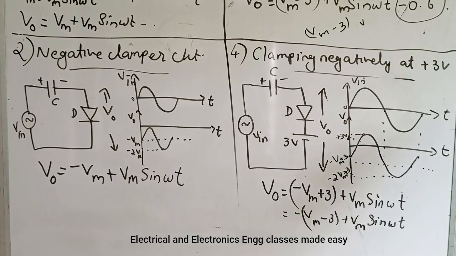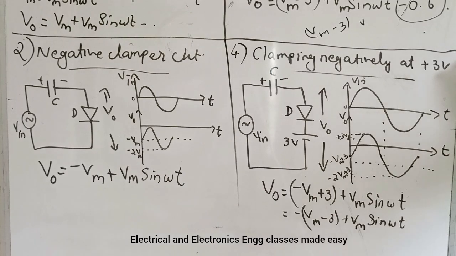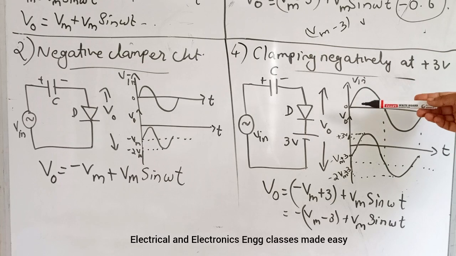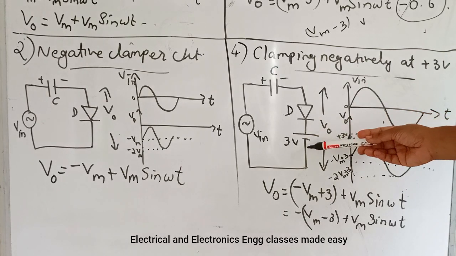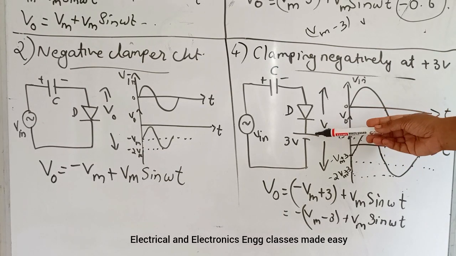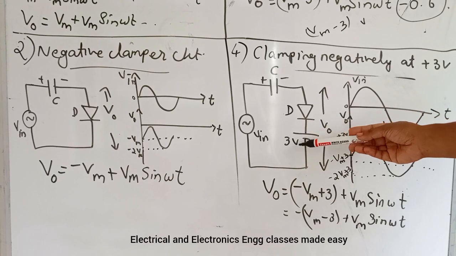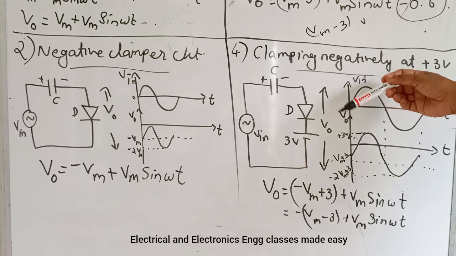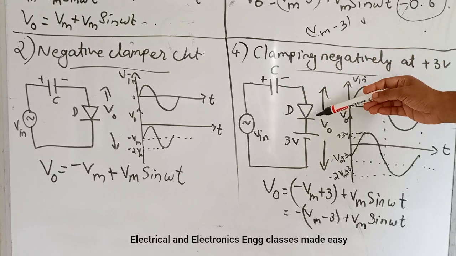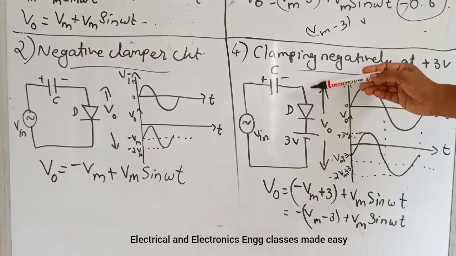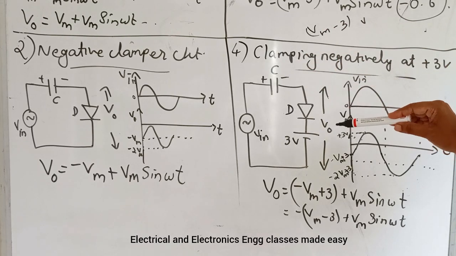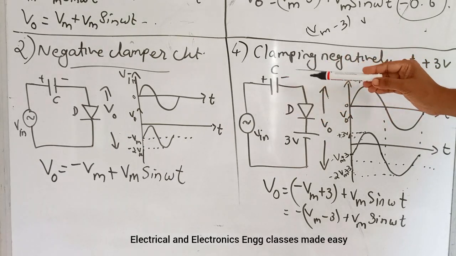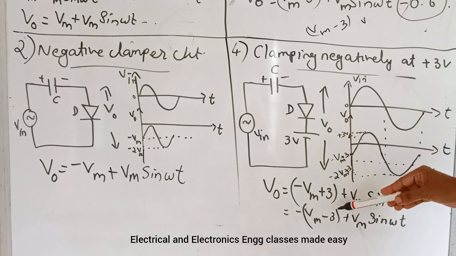Next is clamping negatively at plus 3 volt. So this is the negative clamper circuit and the difference is here the diode is biased with a DC voltage of 3 volt, and here during the positive half cycle the diode gets forward biased and the capacitor charges till Vm minus 3 volt.